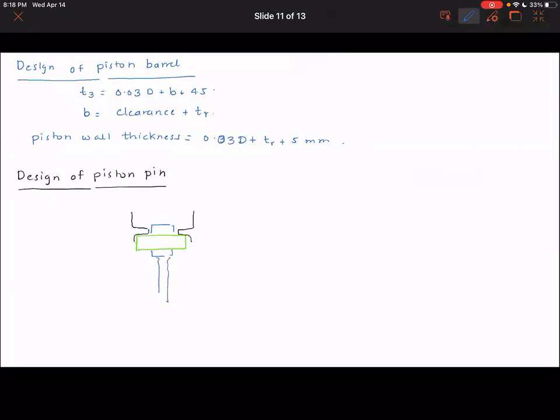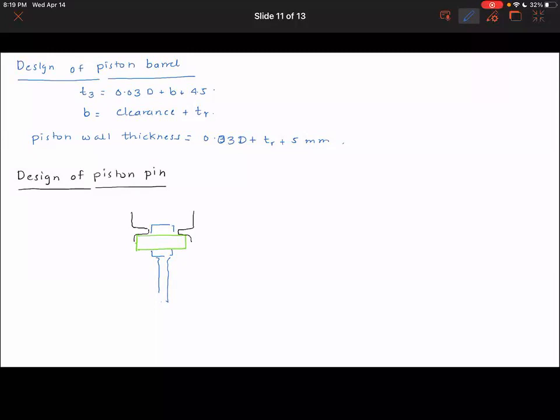For the design of the pin, you can have a full floating or semi floating pin. In the case of a full floating pin, the piston pin has a little bit of axial movement. In a semi floating pin, you have one side constrained and the other side is allowed to move.